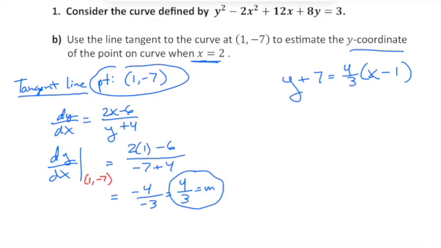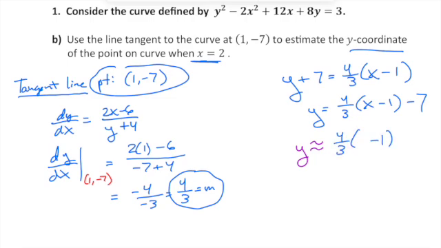Usually you'd want to isolate y if you haven't already done so. Usually I wouldn't bother distributing that 4/3, but you could if you felt like it. This represents the line, but we want the y value on the curve. So the y value we're looking for is approximately the y value I would get from this line when x is 2.